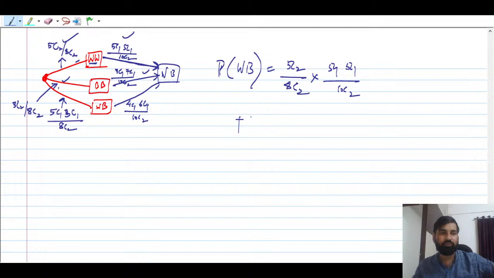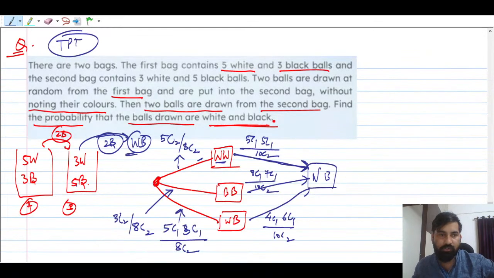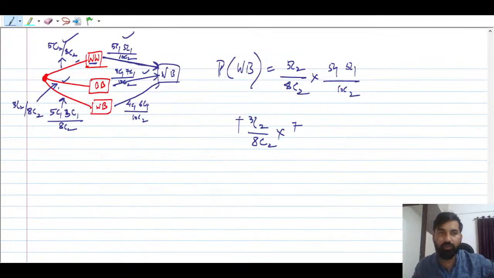So you can say 3C2 by 8C2 into 3C1, 7C1 by 10C2, plus.